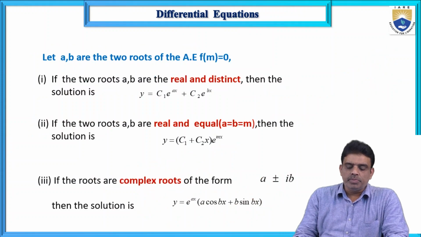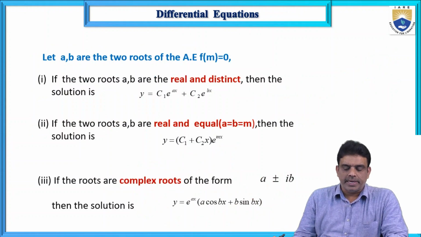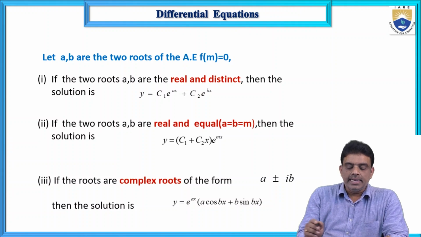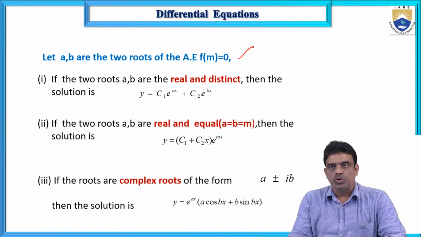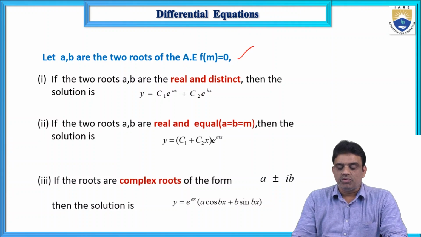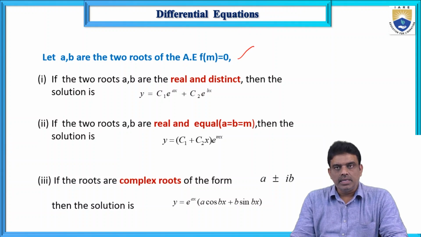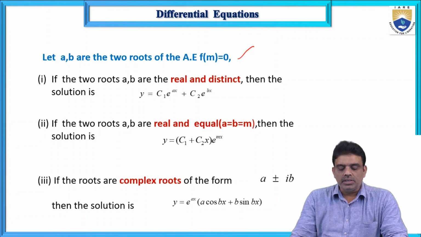I will give details about the solution based on the roots. Suppose I am assuming only 2 roots, and I will expand this for the n case. Let a and b be the 2 roots of the auxiliary equation f of m = 0.